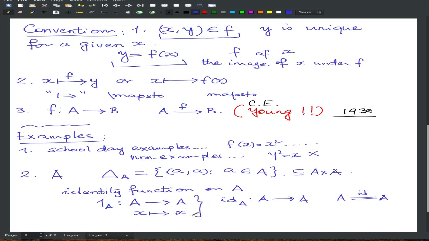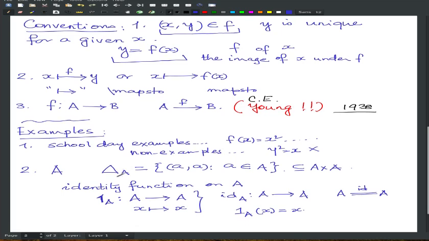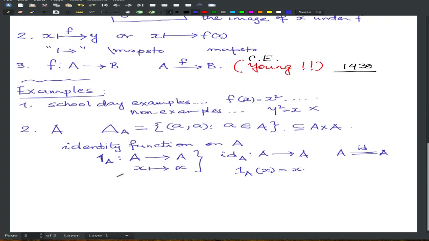So x is going to x. So 1_A evaluated at x is x. Okay, so written as a function, it is written like this, 1_A. I shall use this symbol 1_A. And written as a relation, it is the equality relation, delta. Okay, the same thing. So that's one thing which immediately comes up.